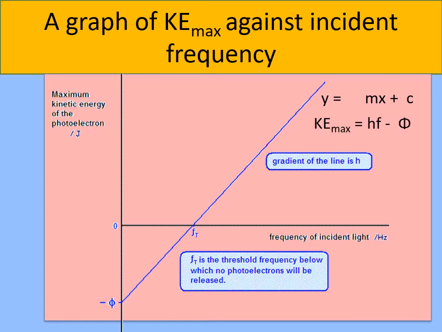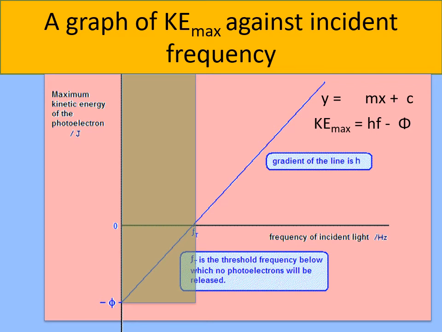So kinetic energy maximum is simply the y value, and the frequency is on the x-axis, so that must be the x, and the gradient must be h, which is Planck's constant, and the y-intercept we can clearly see is the minus phi, minus the work function.